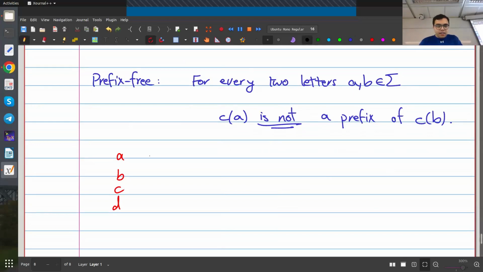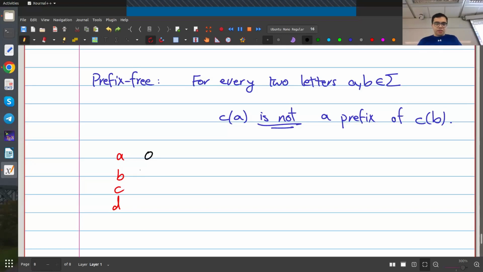And let's say that I want to assign the code 0 to A. Now all of my other codes have to start with a 1, right? Because if I assign 0 to A, but if I say B is 0, 1, then I have a code that is a prefix of another code. And that cannot be allowed.